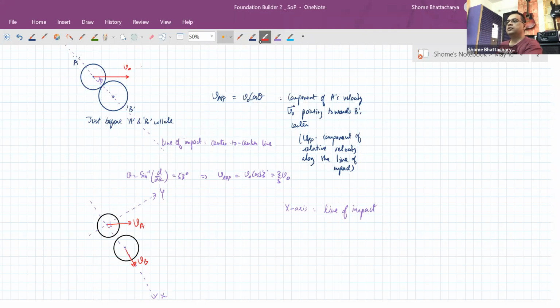So you can see that A's velocity can be divided into two components. One is along the x-axis and one is along the y-axis.